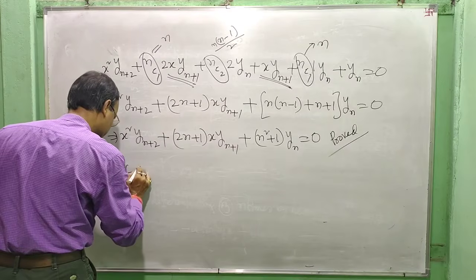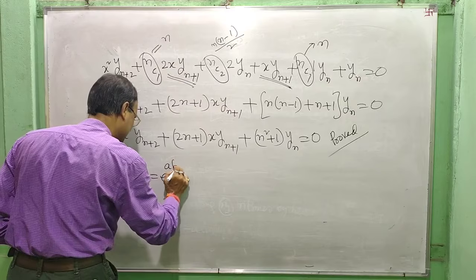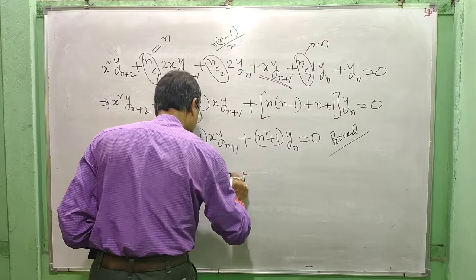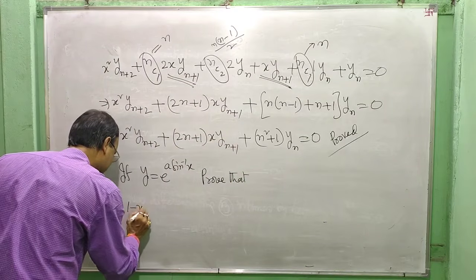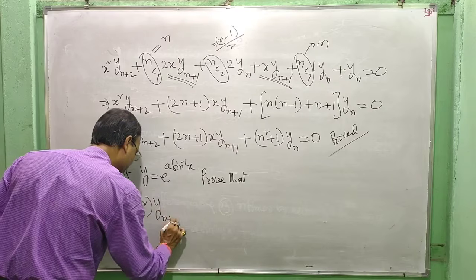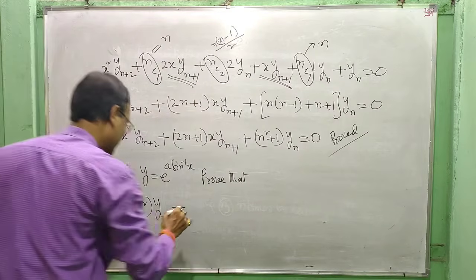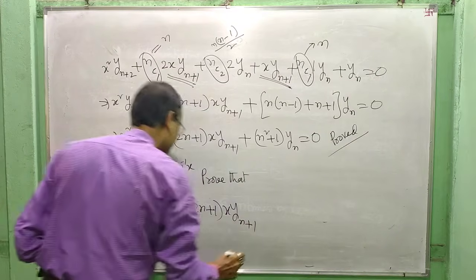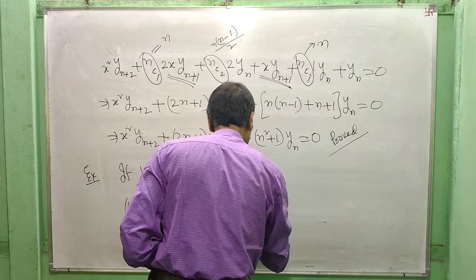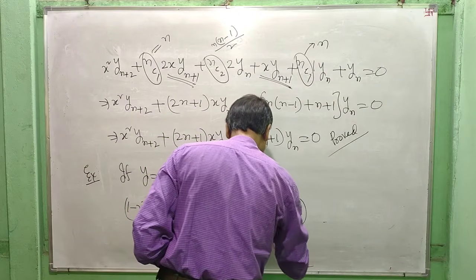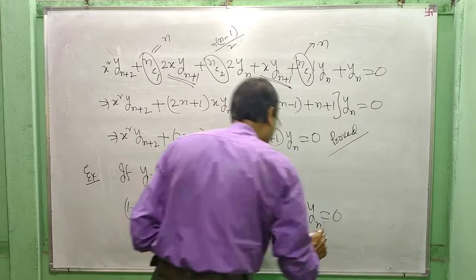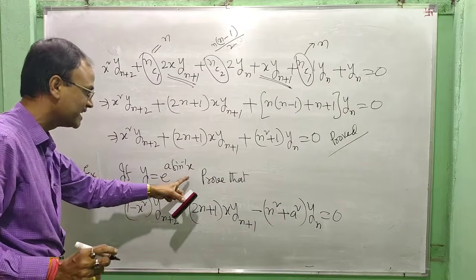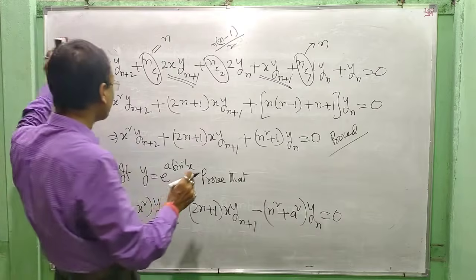If y is equal to e to the power a sin inverse x, prove that 1 minus x square yn plus 2 minus twice n plus 1 x yn plus 1 minus n square plus a square yn is equal to 0. We are asked to prove this one. Y equal to e to the power a sin inverse x. Prove that.